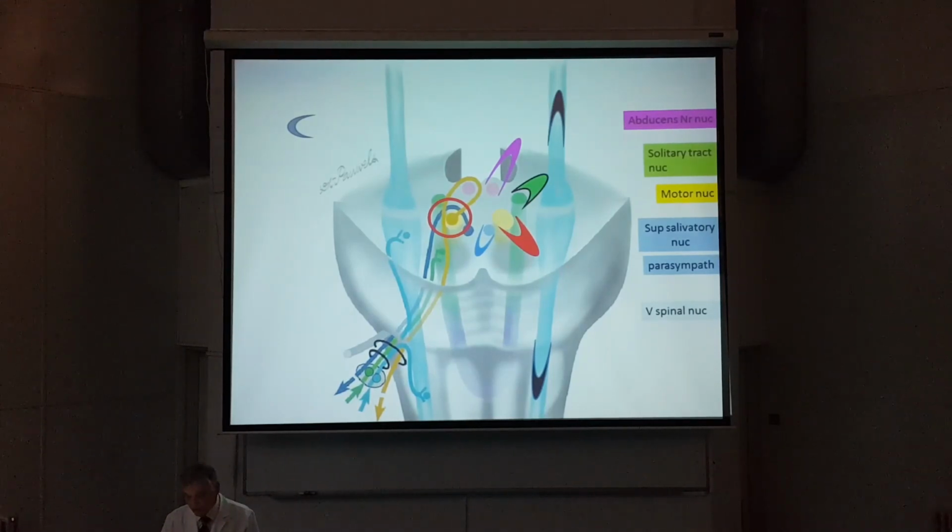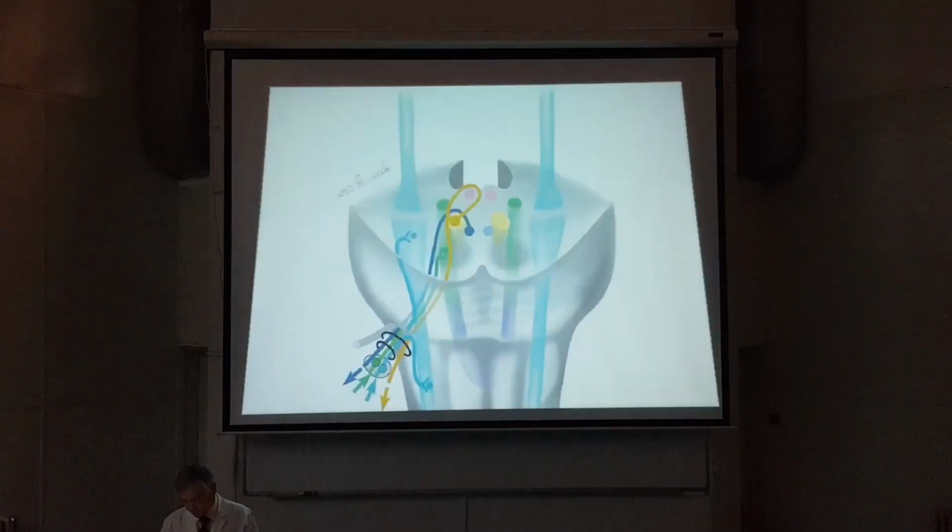Now, the lower motor neuron will come out of the motor and turn around the nucleus of the abducent, making an elevation in the floor of the fourth ventricle, which is called the facial colliculus.